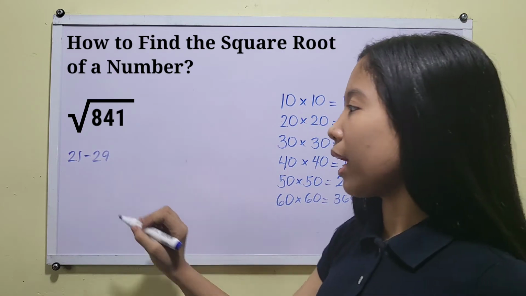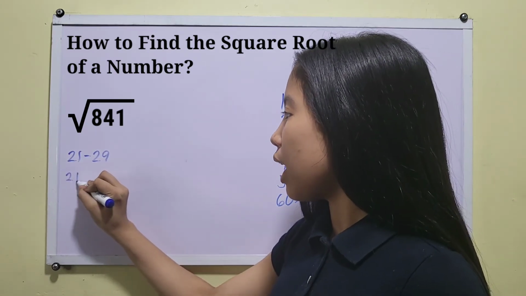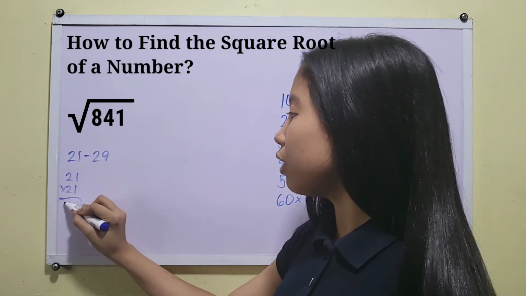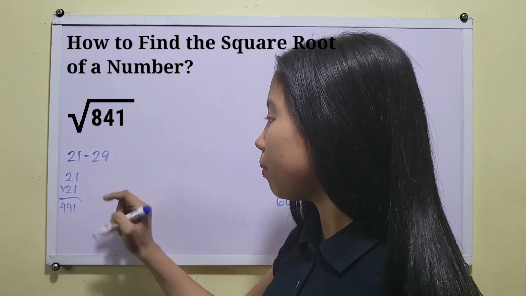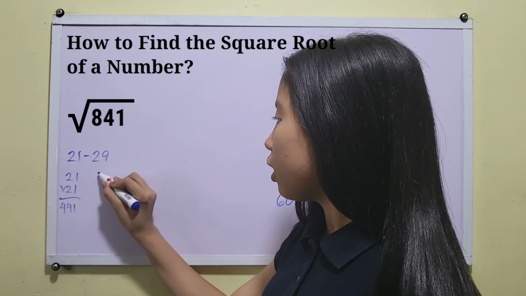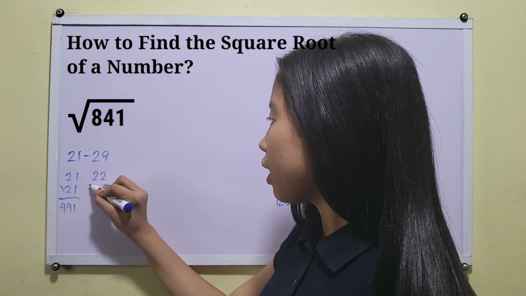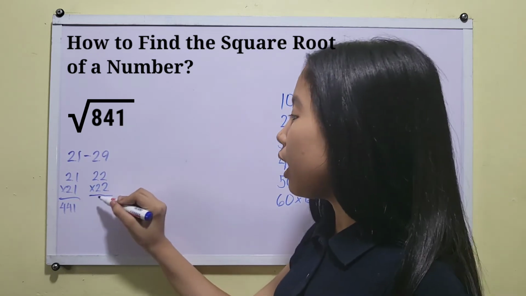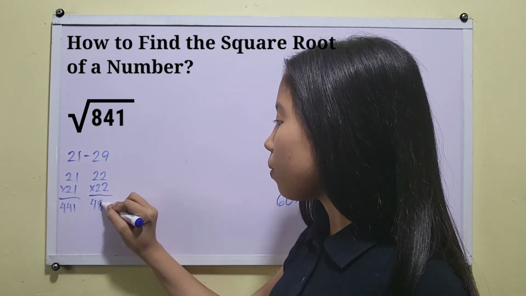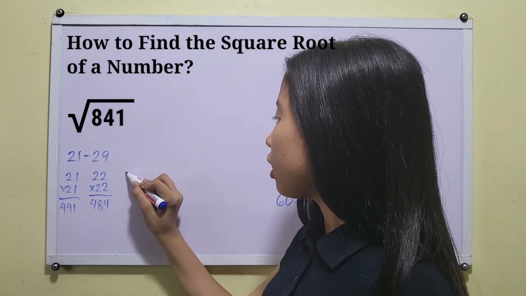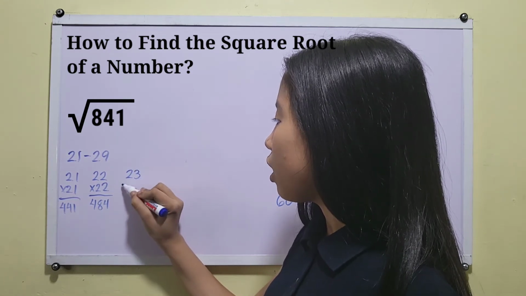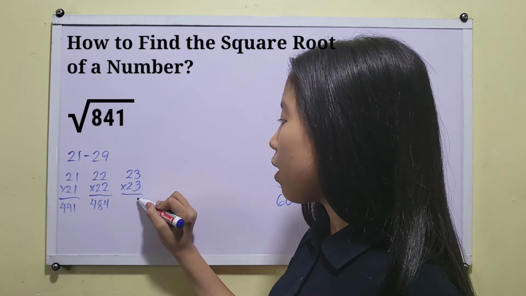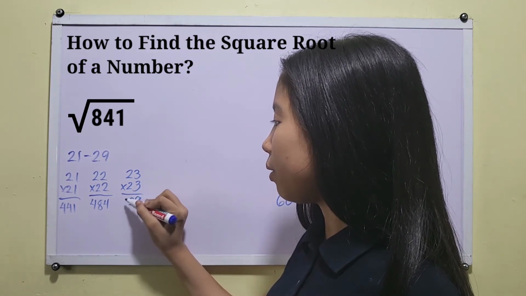So let's start multiplying. 21 times 21 is 441. And 22 times 22 is 484. 23 times 23 is equal to 529.